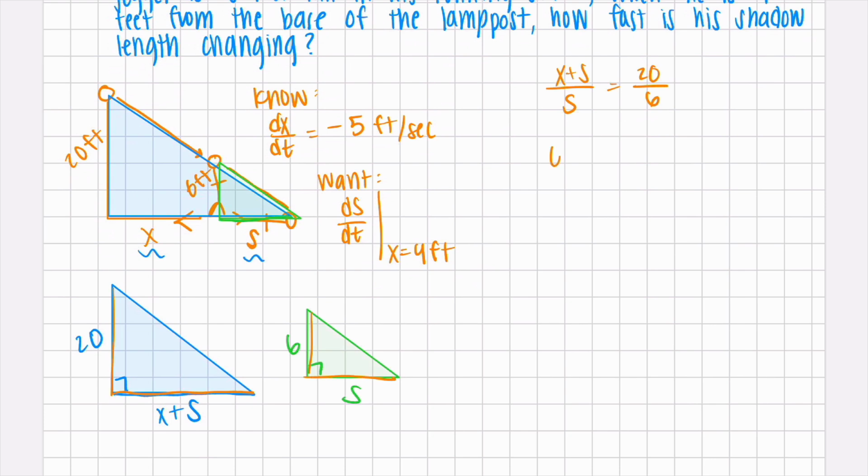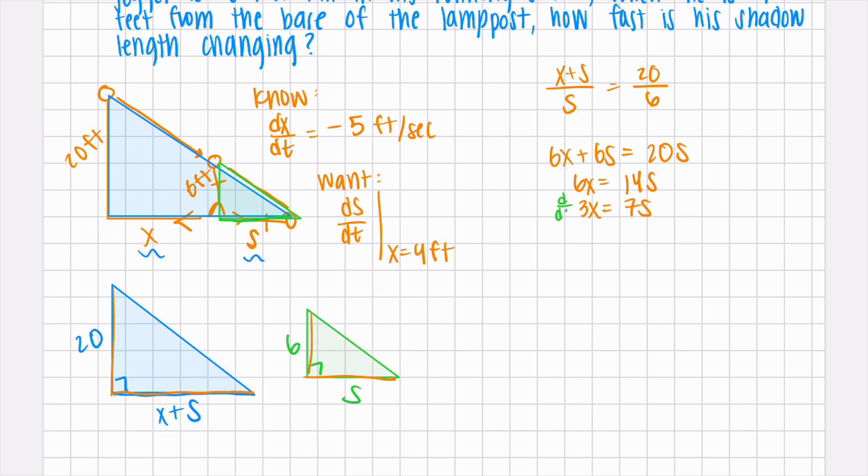I'm going to multiply both sides of the equation by 6 and multiply both sides by s. And then I'm going to subtract 6s on both sides. I'm going to divide by 2 on both sides. And notice now it's a lot nicer for taking your derivative.